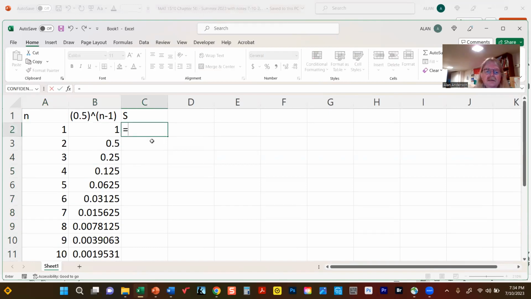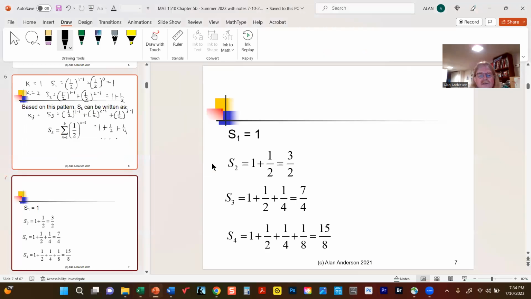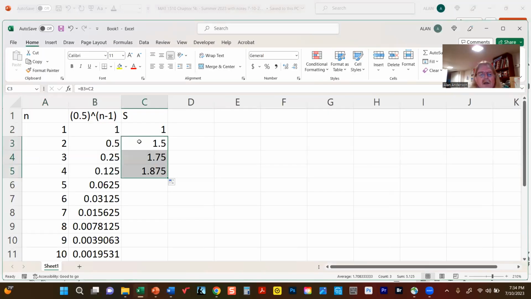But the partial sums, the first one is just the first term. Then we have the sum of the first two. And so these are the ones that I was just showing you, except that they're in decimal form. We have 3/2, 7/4, 15/8. But if I were to continue dragging this down, watch what happens.